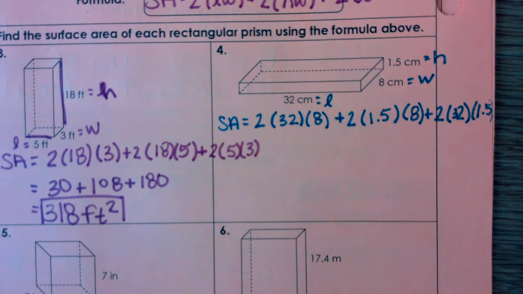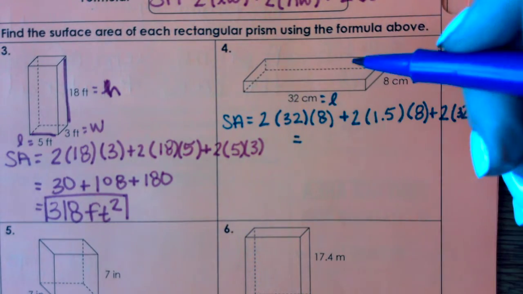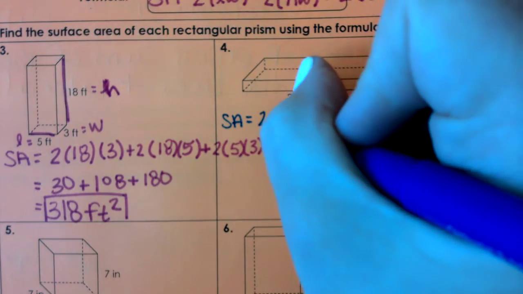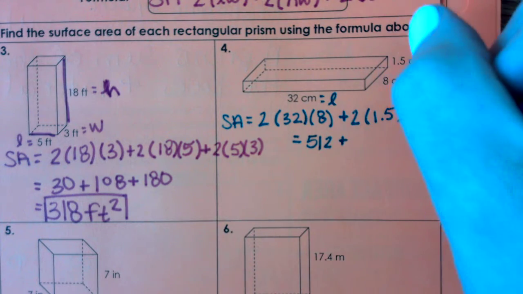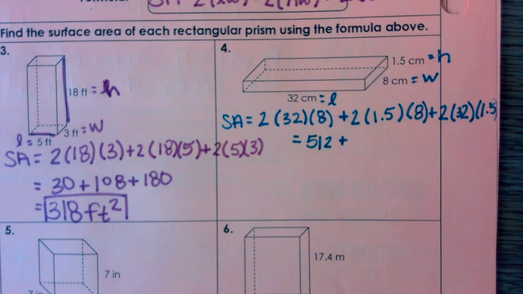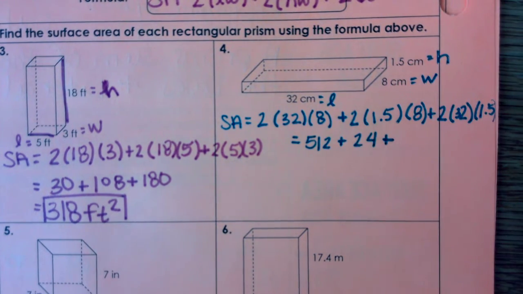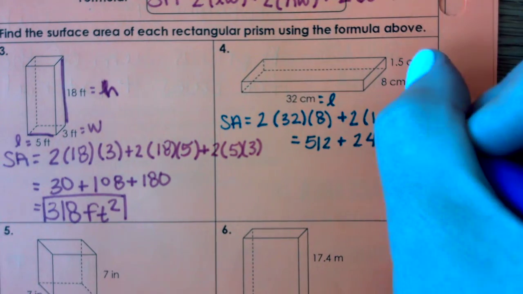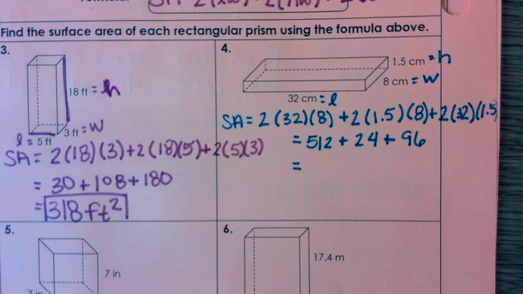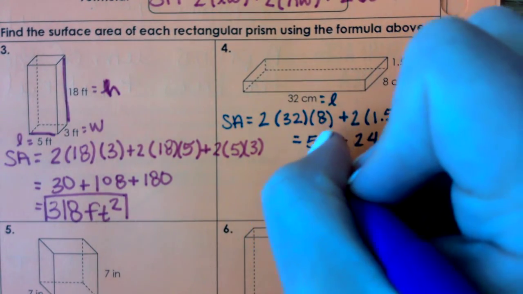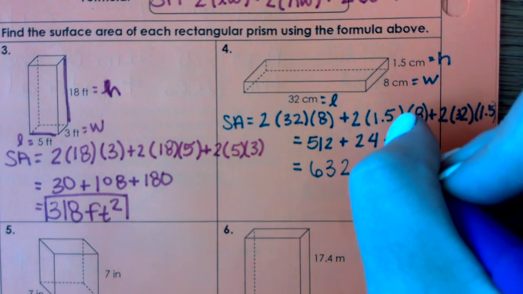So I'm going to take 2 times 32 times 8, and that's going to get me 512. Then 2 times 1.5 times 8 to get me 24. And 2 times 32 times 1.5 to get me 96. So my surface area then is going to be 632 centimeters squared.